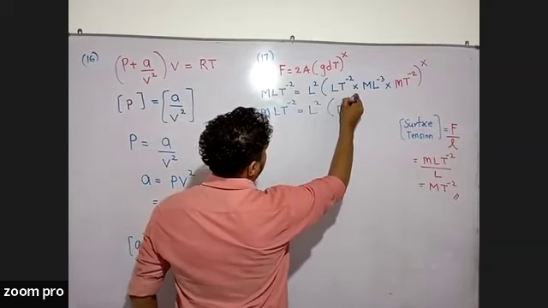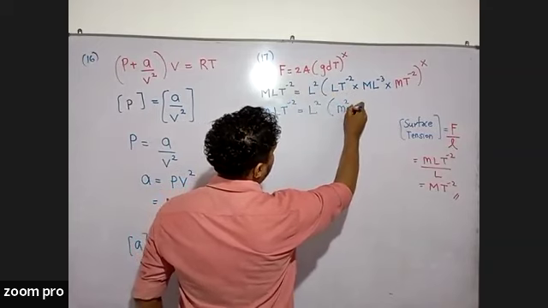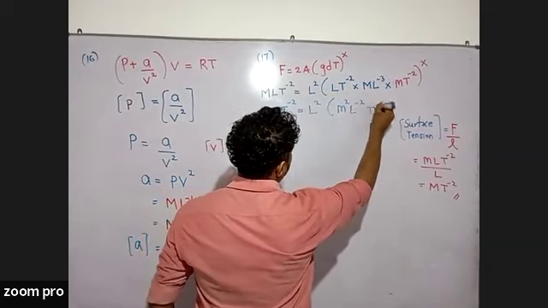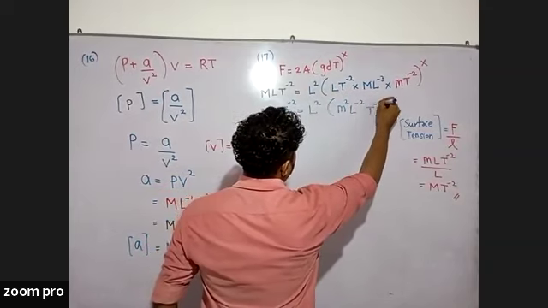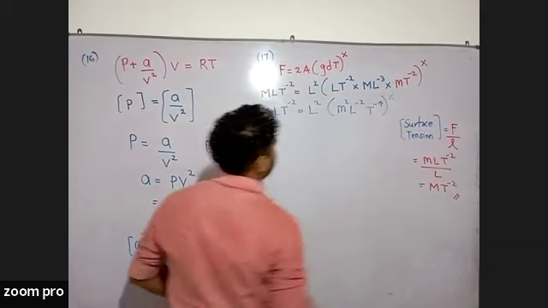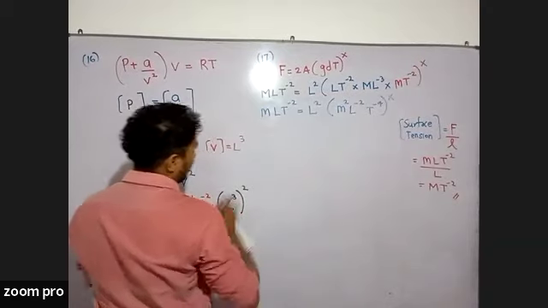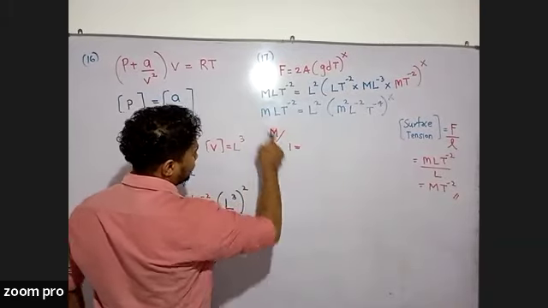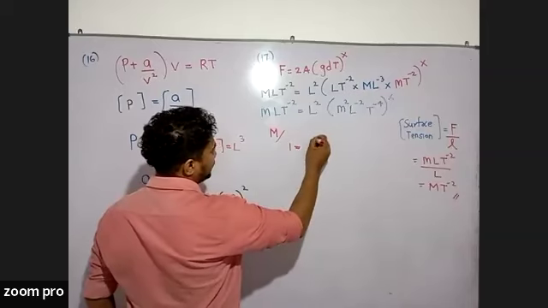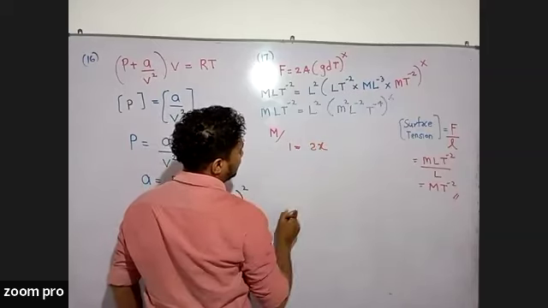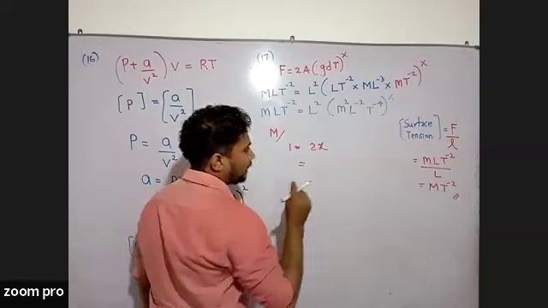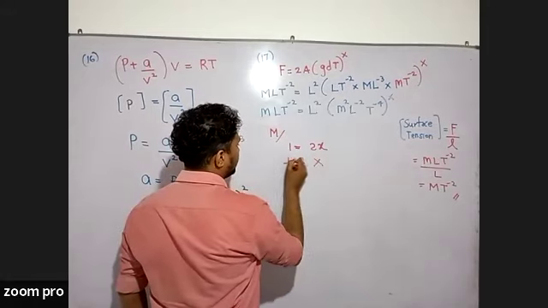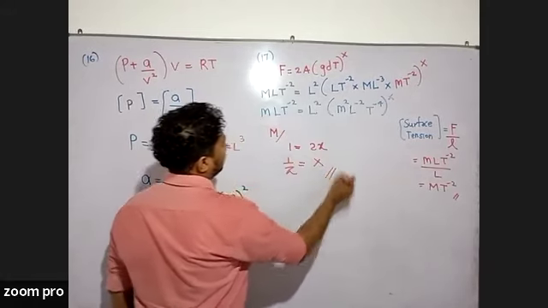Then it should be M squared L to the power of minus 2 T minus 2, all to the power of x. So let's start analyzing the dimensions from M. In the left side the index should be equal to 1, and in the right side it should be 2x. So now we have to obtain a value for x. Then x should be equal to half.